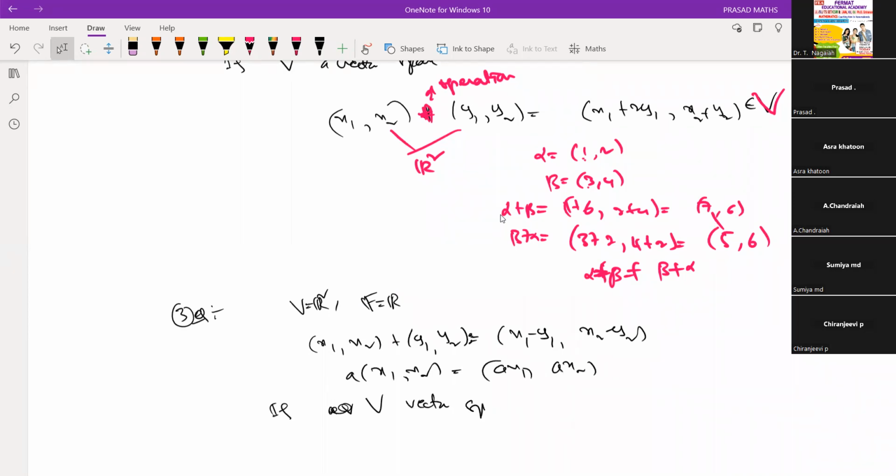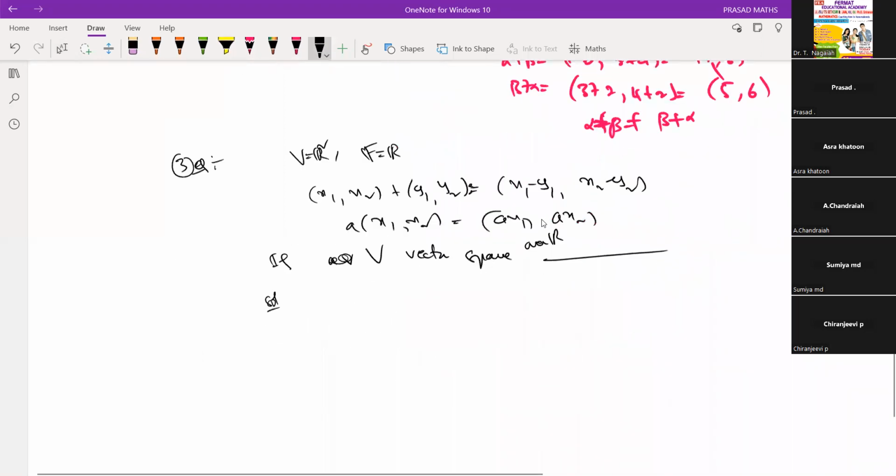Yes or no? No, right? First of all, it is closed, because it is an ordered pair, so it is an internal operation, no doubt.